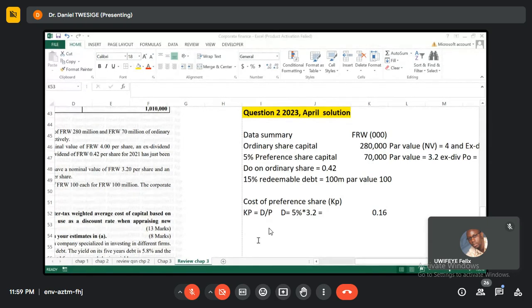You scroll horizontally, we want to see the ex-div P0 for preference. Let me first copy this data, which I didn't take. But how come I copied the last part and I didn't copy that? I don't know.